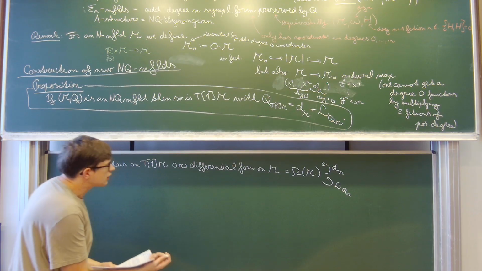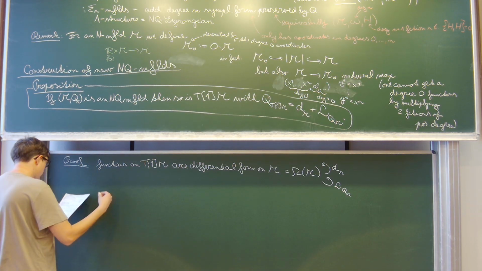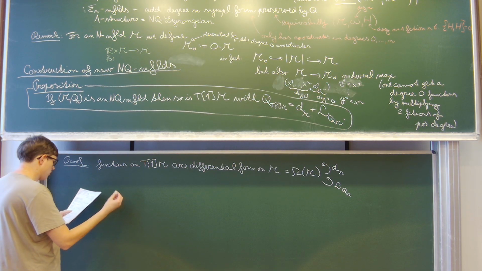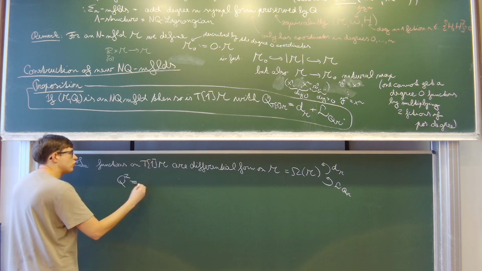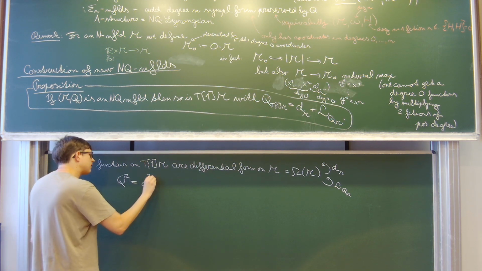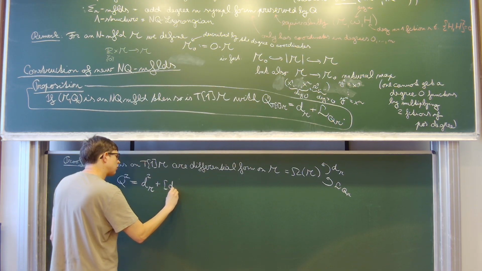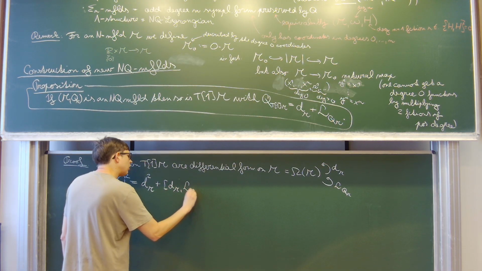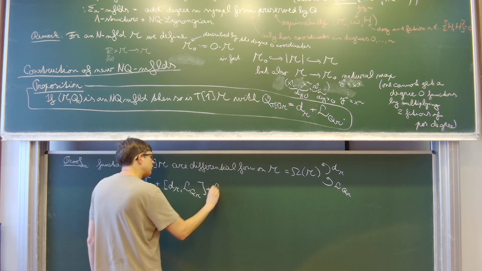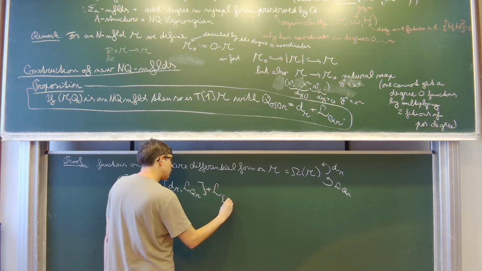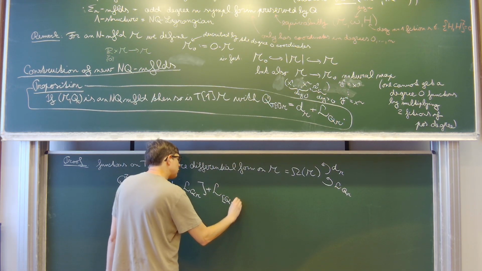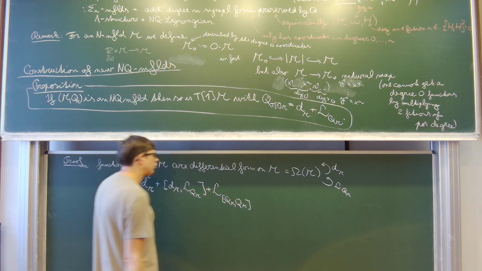And now the claim is that this thing squares to 0. If you just calculate that, then it breaks into 3 pieces. You will have a term which looks like this, and then you will have a term with a commutator of Lie derivatives, which just translates to the commutator of the vector fields.